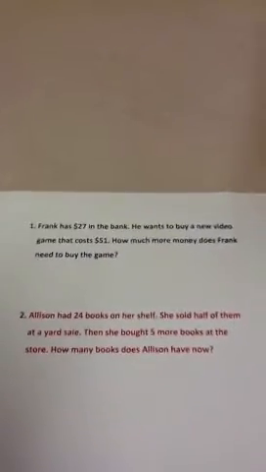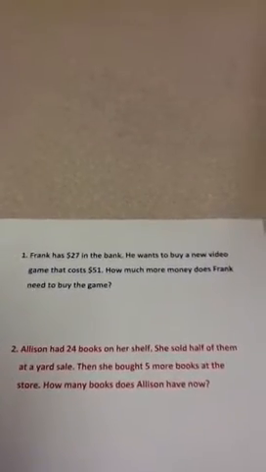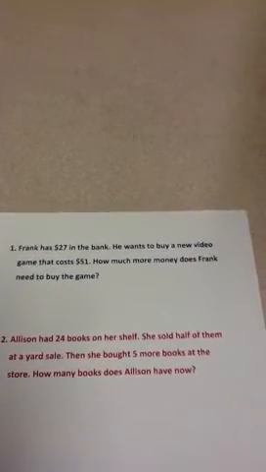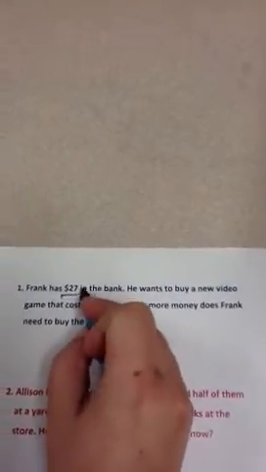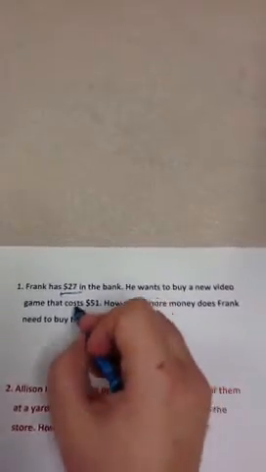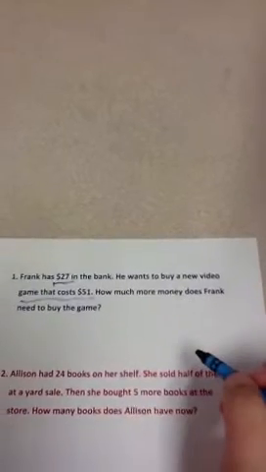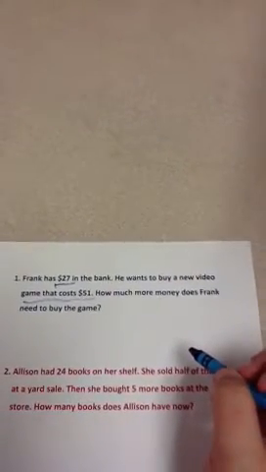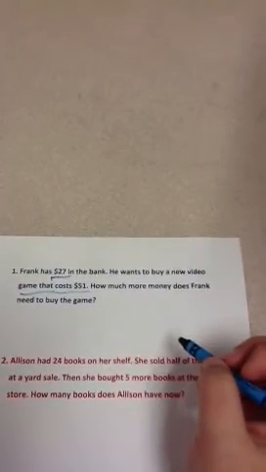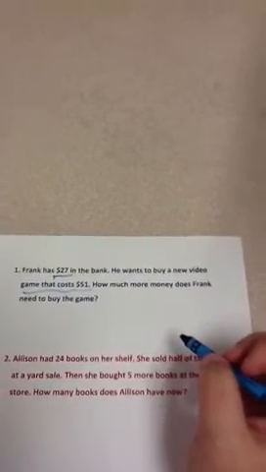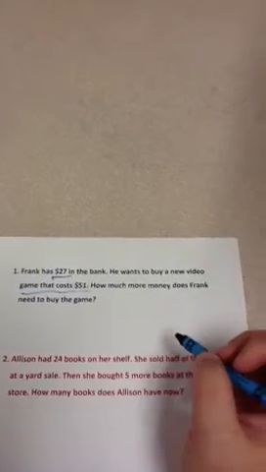So we have what numbers in our word problem that I should underline? You're right. I need to underline that he has $27 in the bank and that the game cost $51. Now, I need to look at the question. I like to put a parenthesis, but you could also put a box around the entire question.